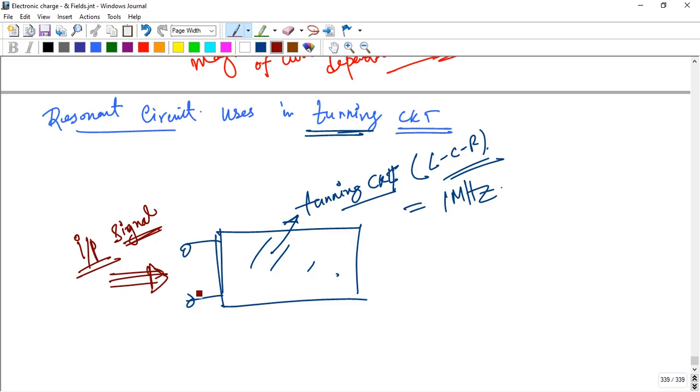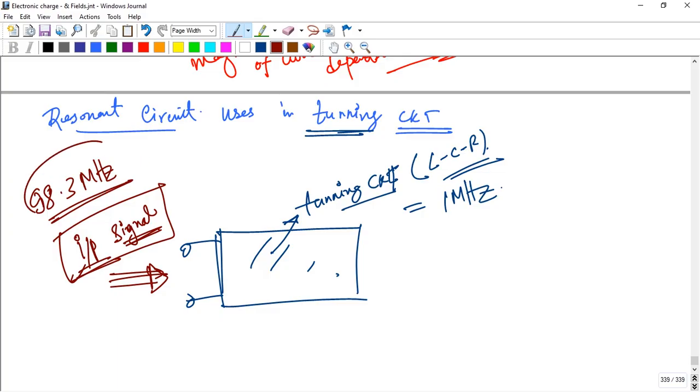Suppose it has some frequency, 98.3 megahertz, some radio FM frequency. The tuning circuit receives 98.3 megahertz as the input frequency. Now there is a knob, and you rotate the knob to match the tuning circuit.